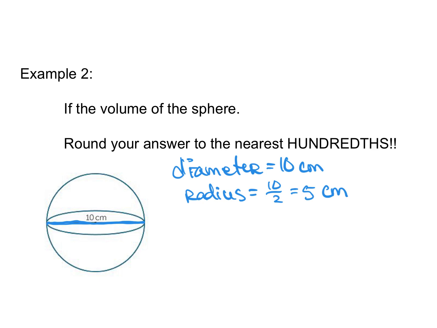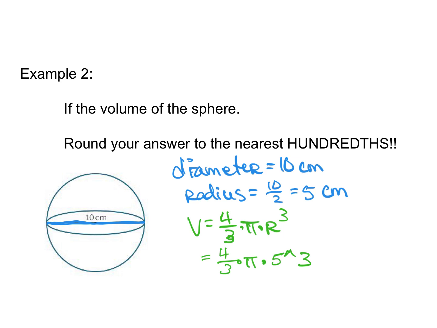And again, let's go ahead and write down our formula. So we're going to have V equals 4/3 times pi times radius cubed. So we're going to go ahead and put in our stuff. So we have 4/3 times pi times 5 cubed. So grab your calculator.